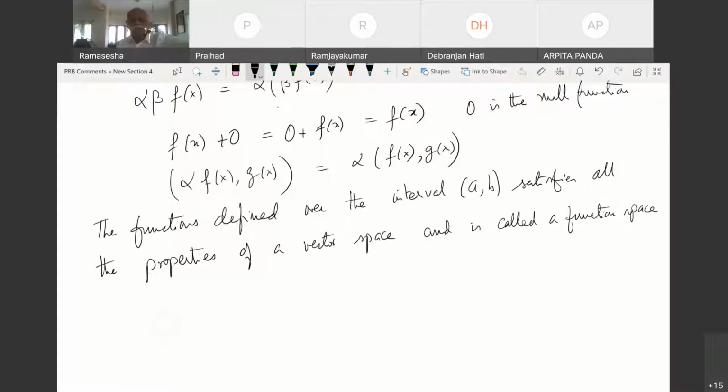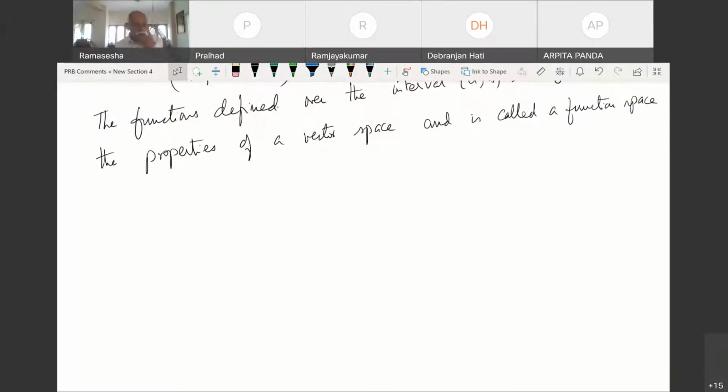Okay. Now what I'm going to do is talk about orthogonal polynomials. So you look at 1, x, x squared, etc. These are all linearly independent.